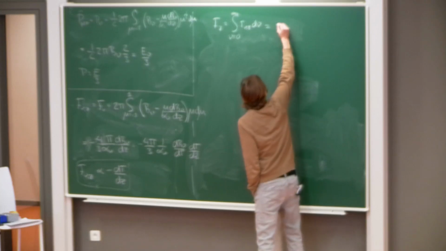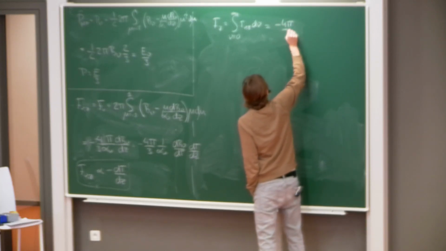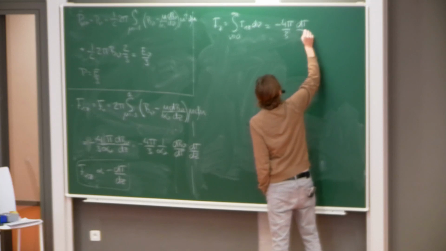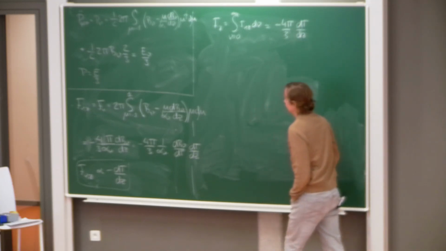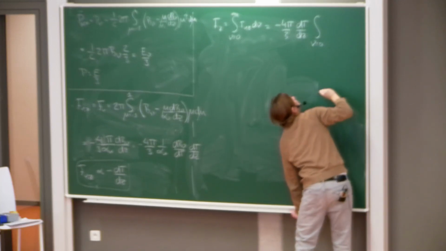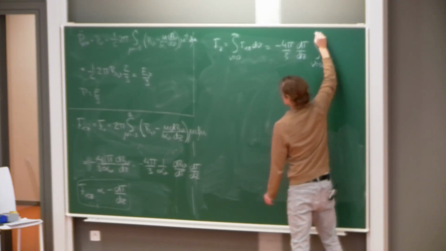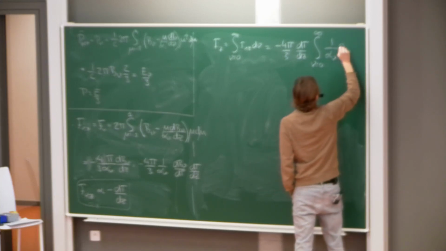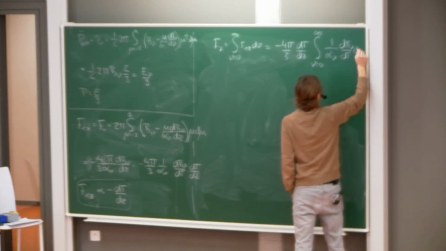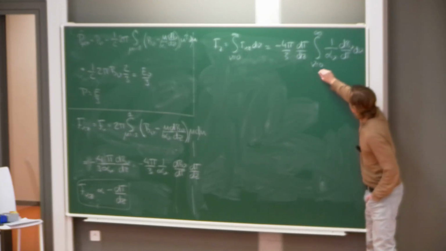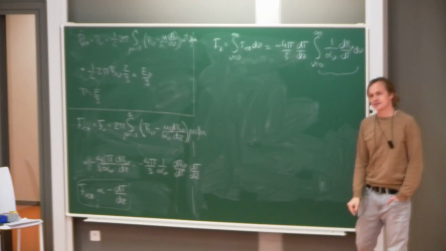We're going to write this as 4 pi 3, the temperature gradient we can take out, right? But the rest has to now remain in. So we get this integral to solve. 1 over alpha nu dB nu dt d nu. Okay? So what can you see from this integral?